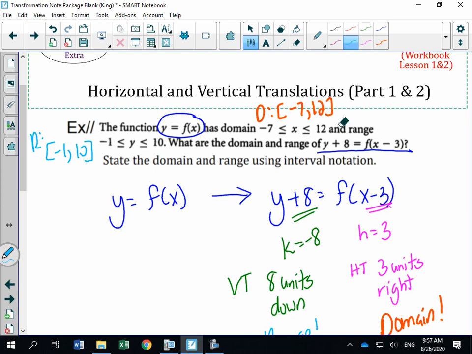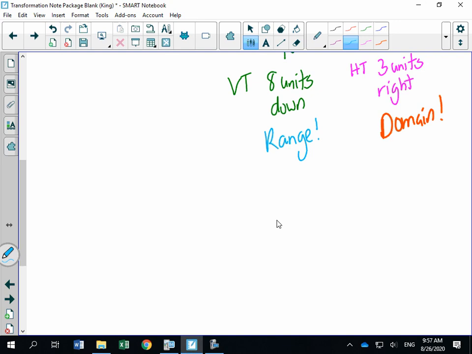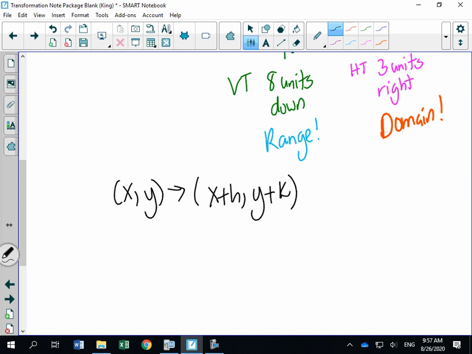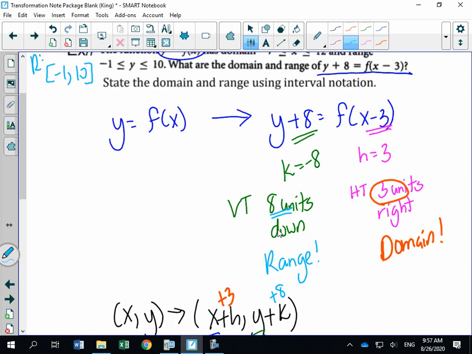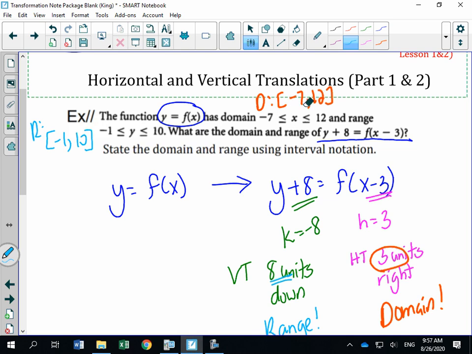Just to quickly show you before I actually do the new domain and range, remember the mapping is x comma y goes to x plus h, y plus k. Your domain is your x values, and we're going to add 3 to each of our x values. And our range is our y values. My original domain was -7 to 12, those are two x values.